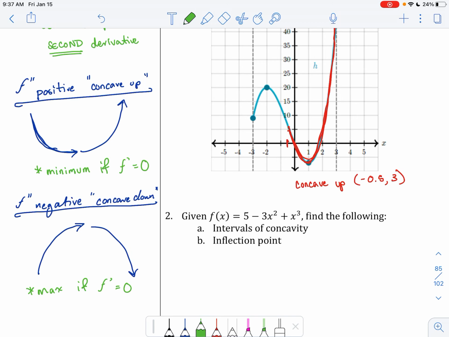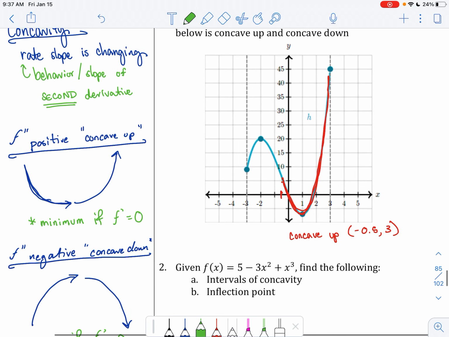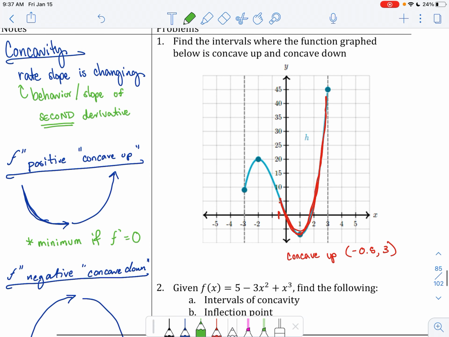So here, if I'm looking at this picture, we have concave up from negative 0.5 to 3. And then here's the concave down section, from negative 3 to negative 0.5.